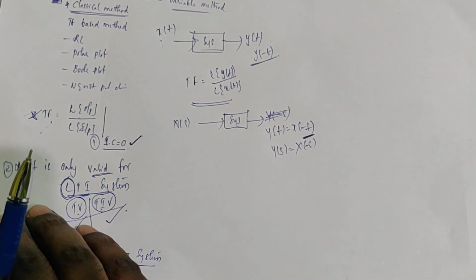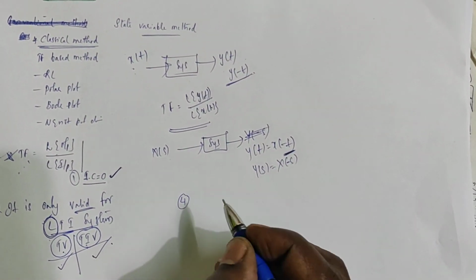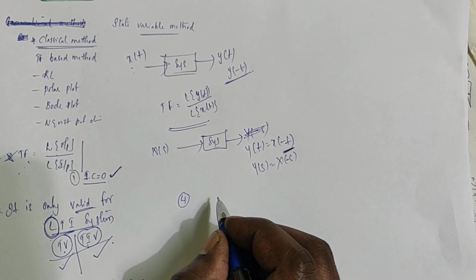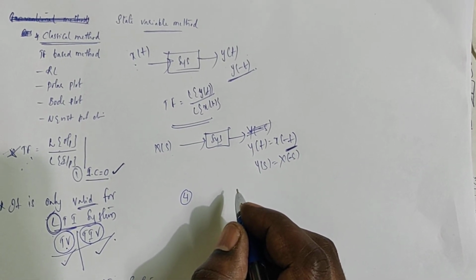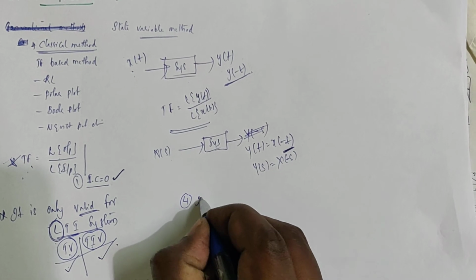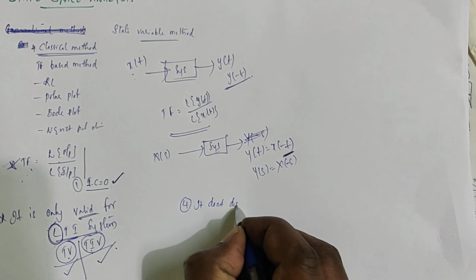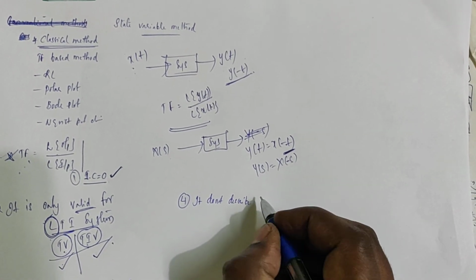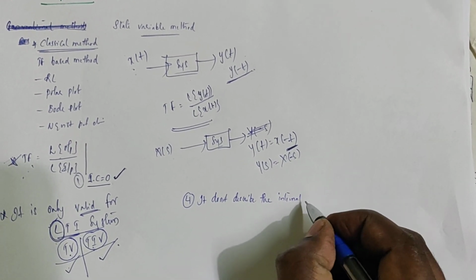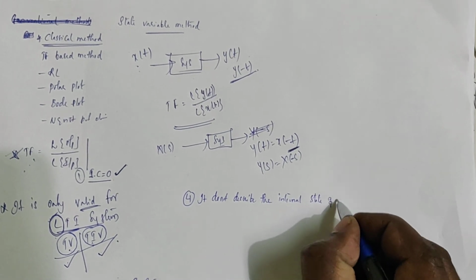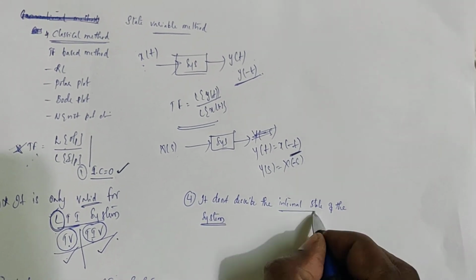And the fourth disadvantage of the transfer function method is that it does not describe the internal state of the system. What is meant by internal state?